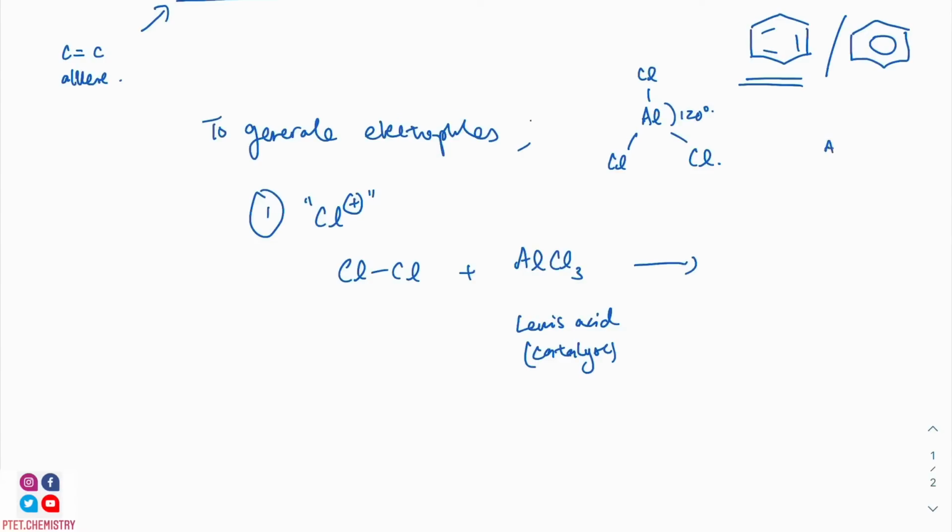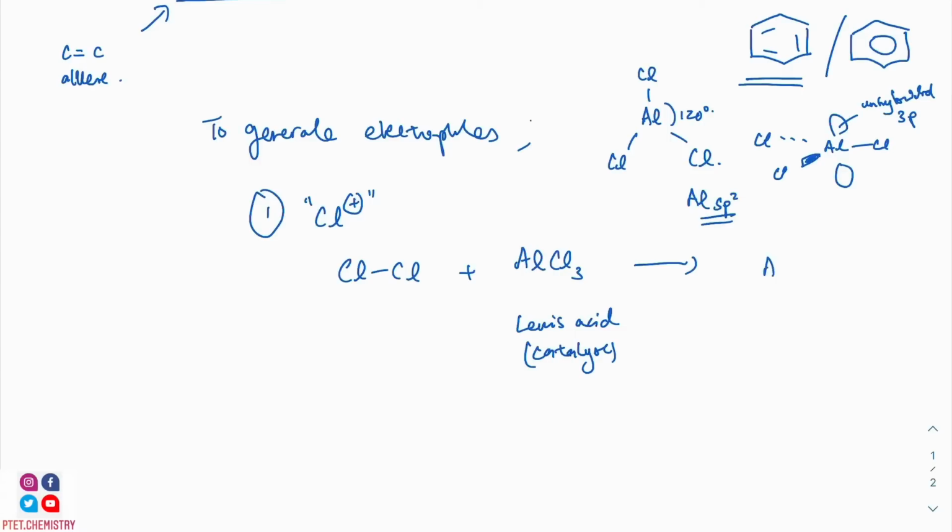So the aluminium looks trigonal planar, but it has an unhybridized 3p orbital, because aluminium by right has a 3s and a 3p. Here there is only sp2 hybridization, which gives it 120 degrees. So you still have an unhybridized 3p orbital on the aluminium, which means an empty orbital.